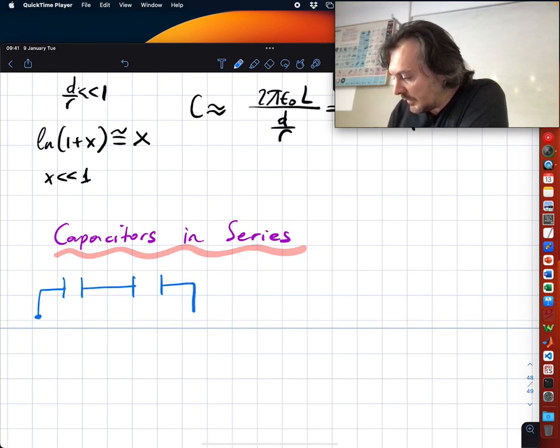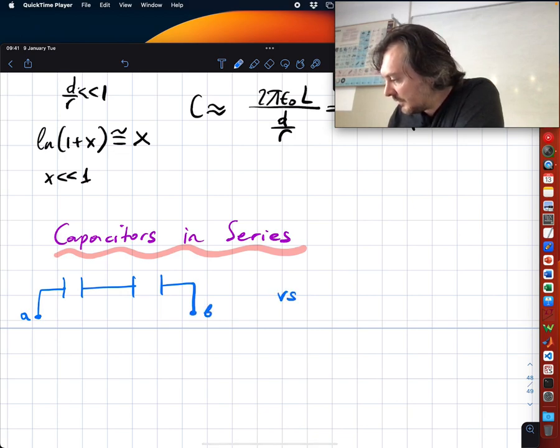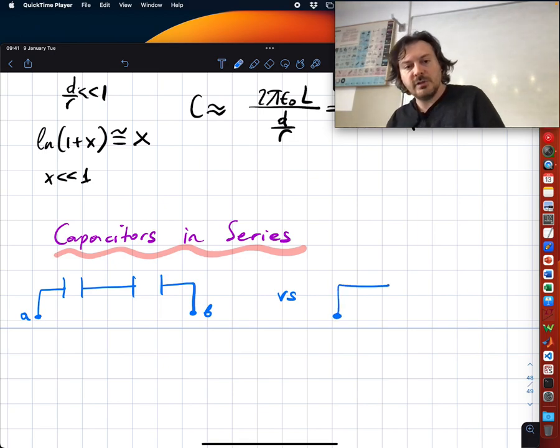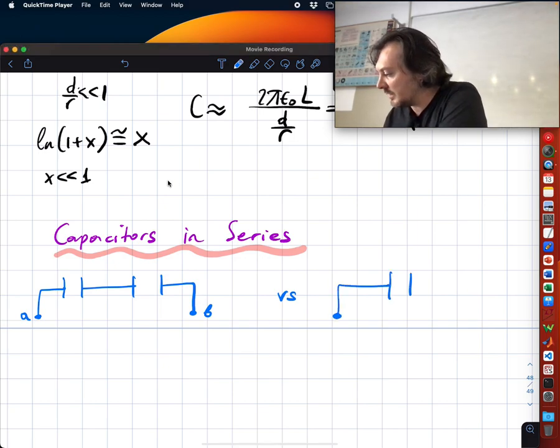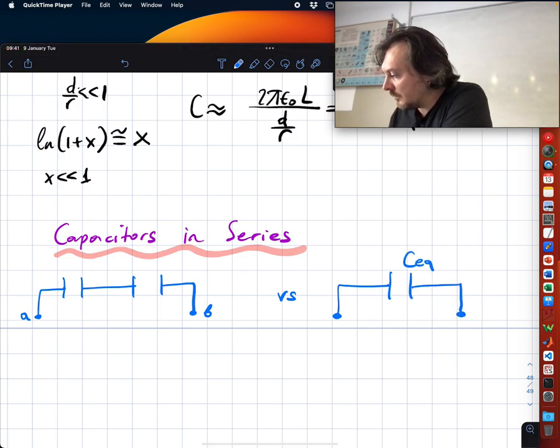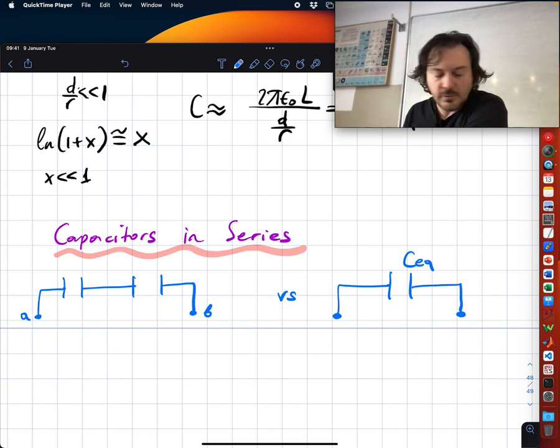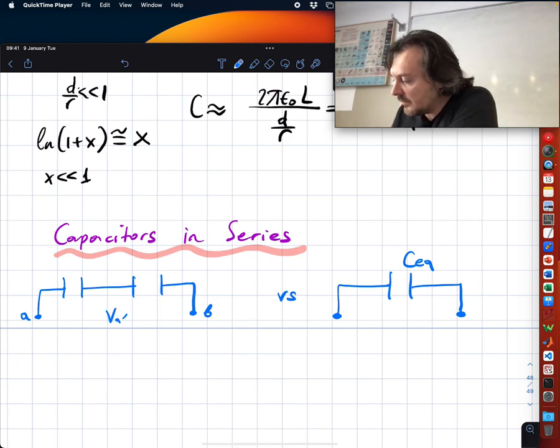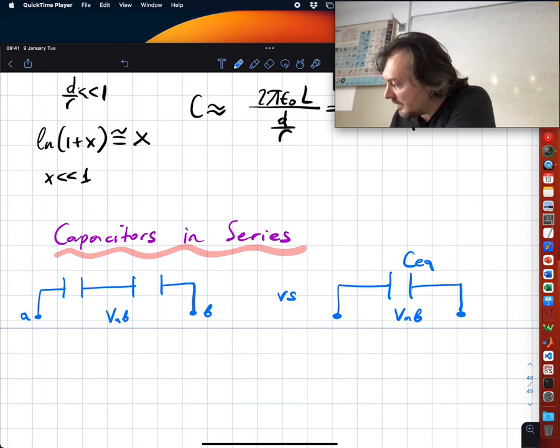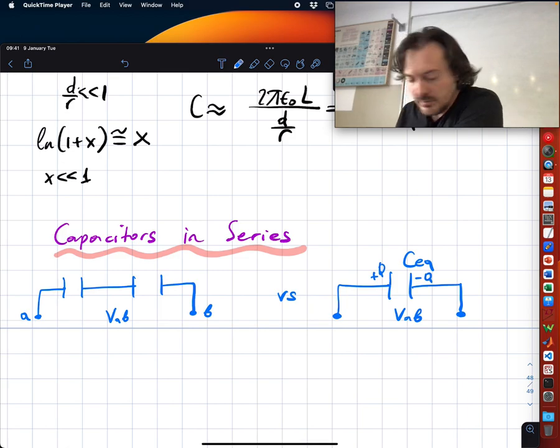This is point A, this is point B, versus the same system with just one equivalent capacitance. So we have VAB here, VAB here, and let's say plus Q here, minus Q here.